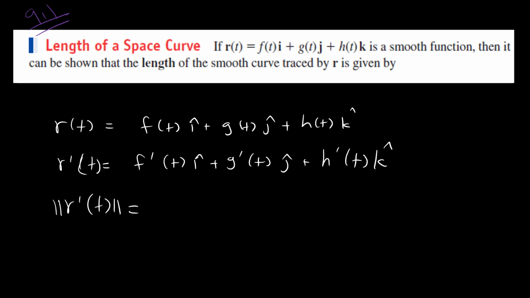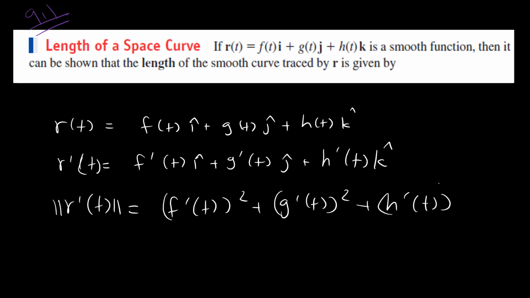So how do we do that? We square each component, f prime of t squared, g prime of t squared, and h prime of t squared, and then square root the whole thing. And at the end, because we're finding the length of a space curve, it's going to be between intervals.